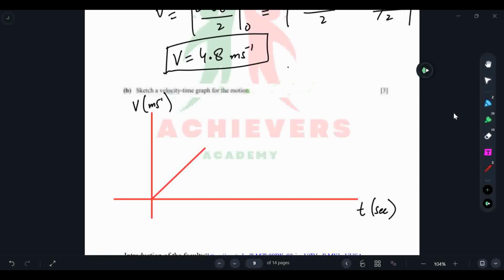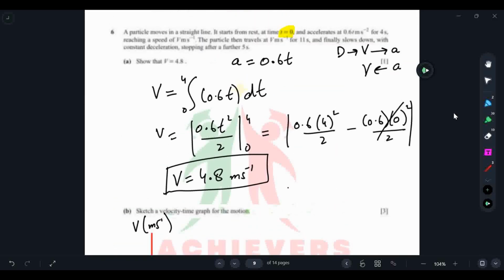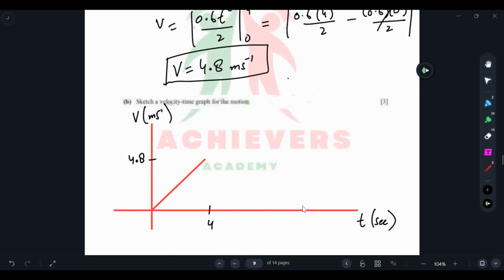From 0 to 4, the velocity will be 4.8, and then they are saying that the particle travels at v meters per second for 11 seconds. So it means that from 4 to 15 seconds the velocity will be the same.